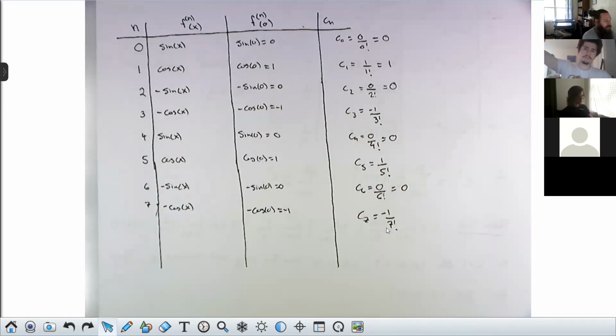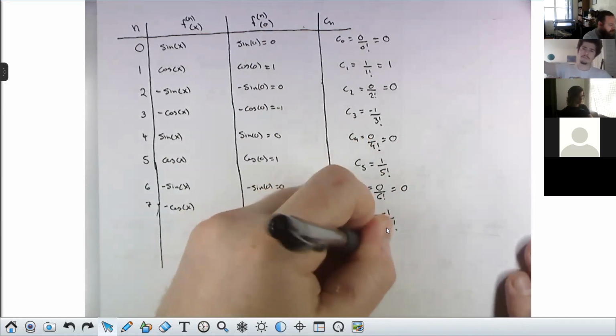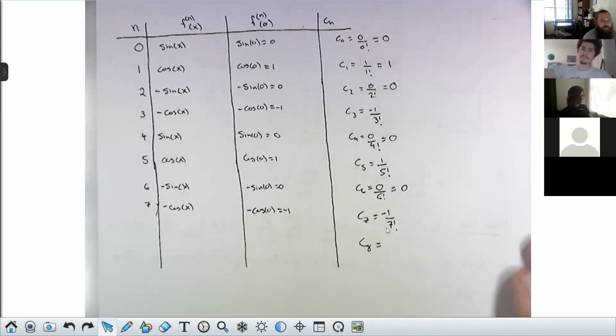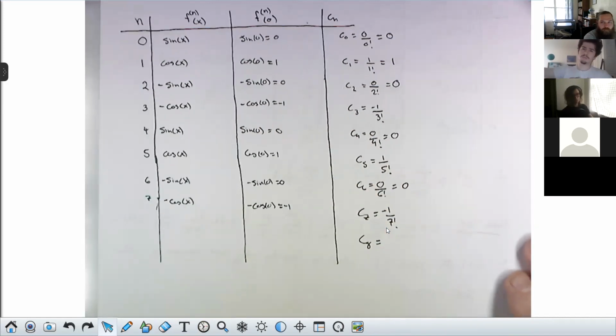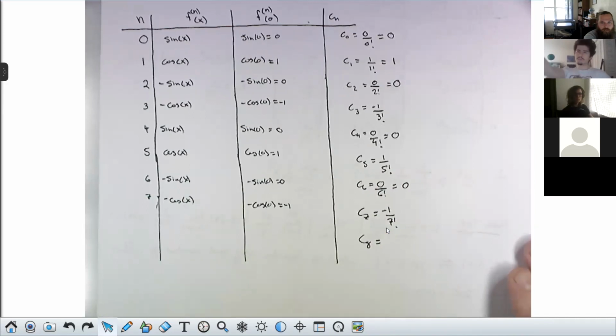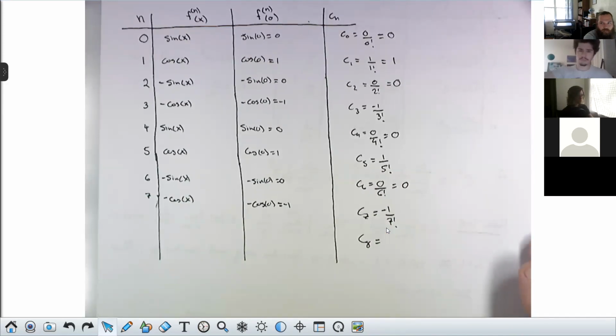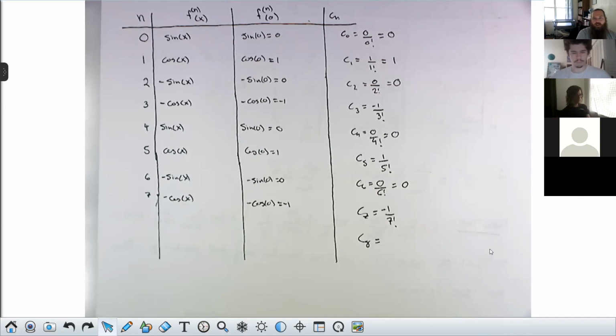Would anybody care to take a gander at C8? Look at the patterns we've got established so far. Remember, it's all about patterns. Look just in the right-hand column.